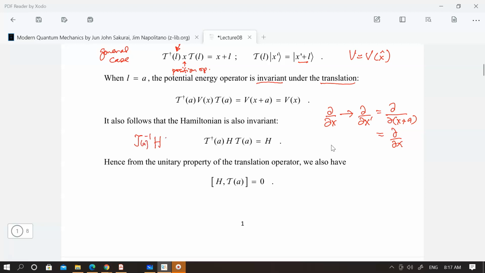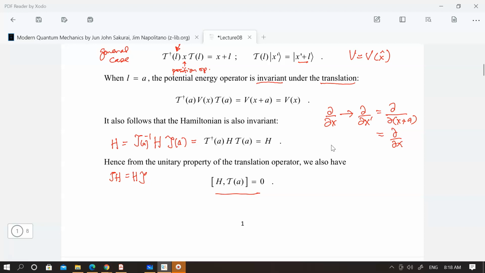T_a inverse times H times T_a must equal H. So I can just multiply on the left-hand side by T, and then I simply get TH equals HT. Or if you bring TH to the other side, you get the commutator between H and T_a equal to 0.